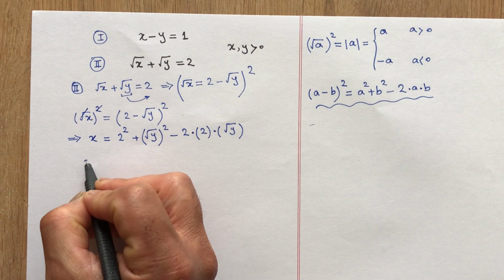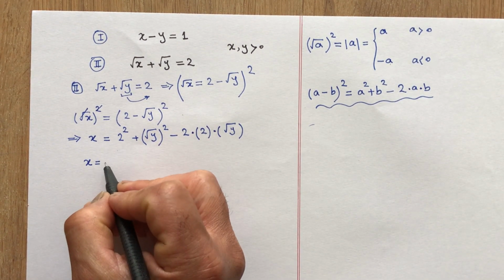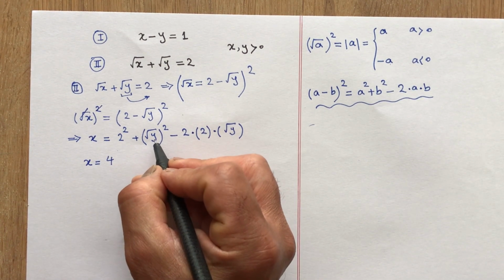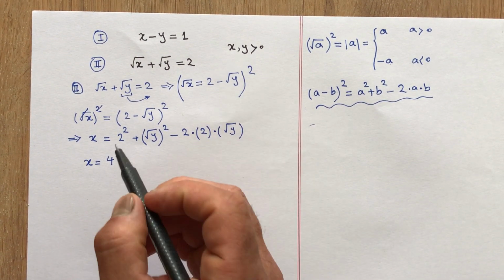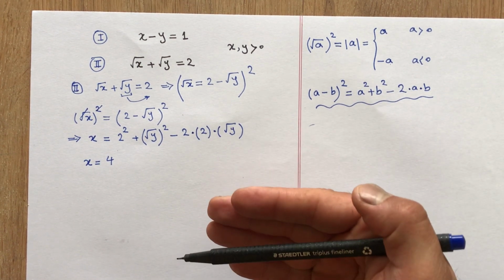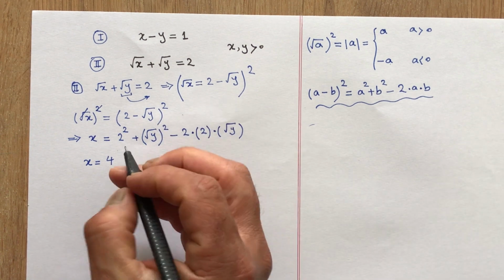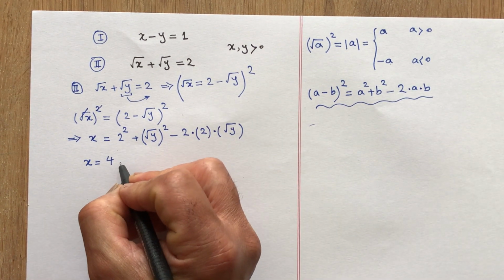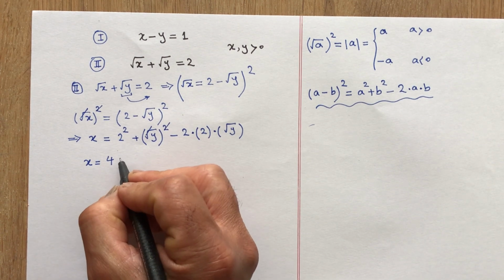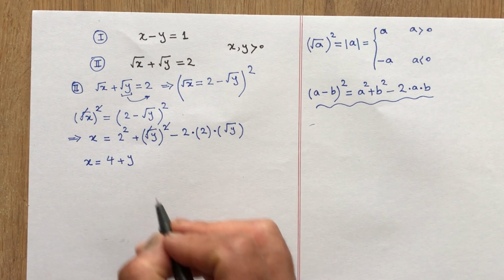Left side is still x, 2 to the power of 2 is 4, and we know y is positive, so when it comes out from under the radical it will be positive, so this cancels with the square root and remains plus y.